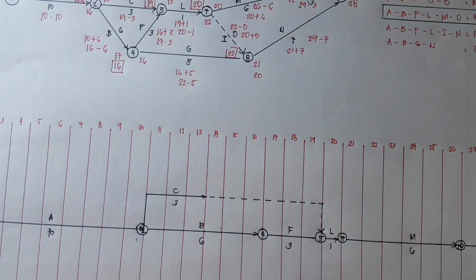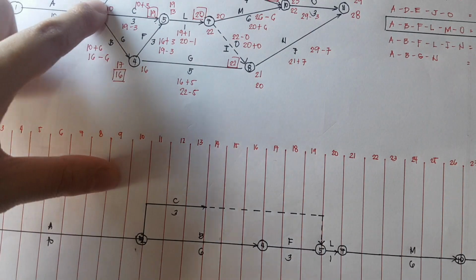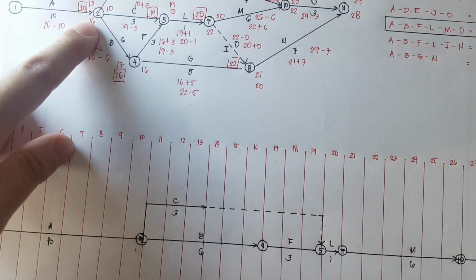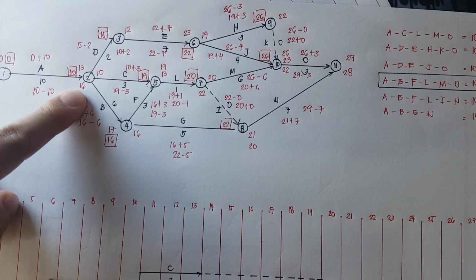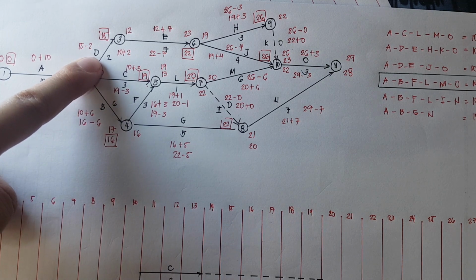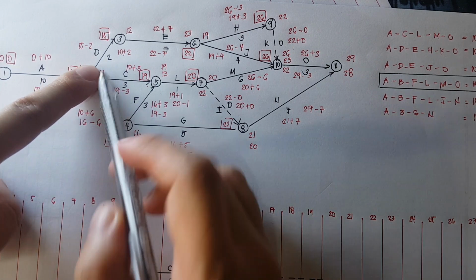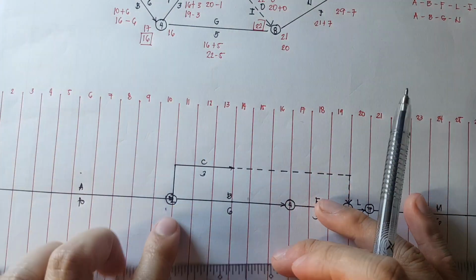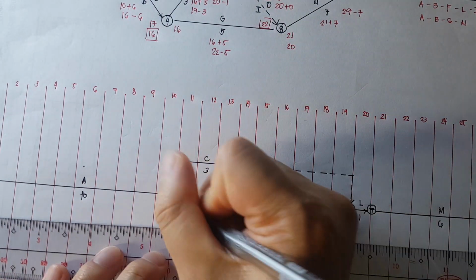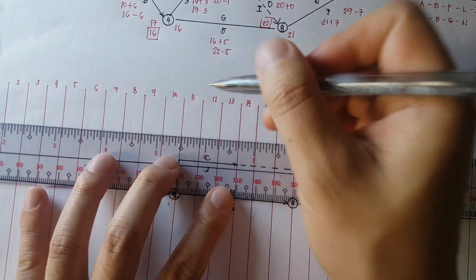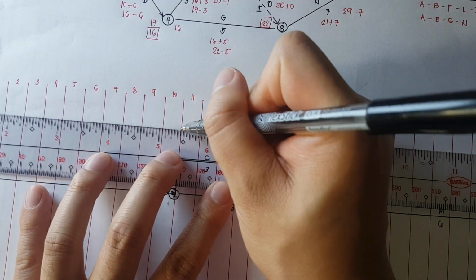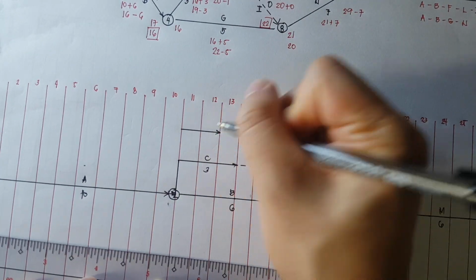Next, we have activity D. Activity D is also dependent on activity A. So activity D is 2 days. So we have here activity A after 10 days. So we have here activity D. It is just for 2 days.